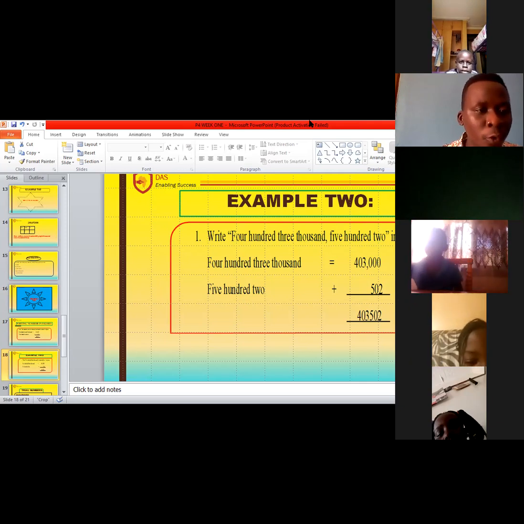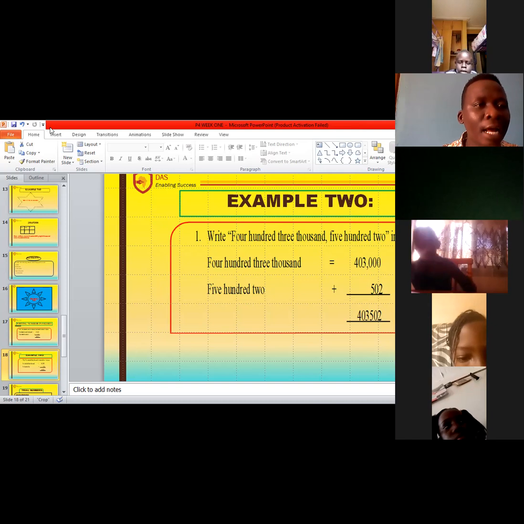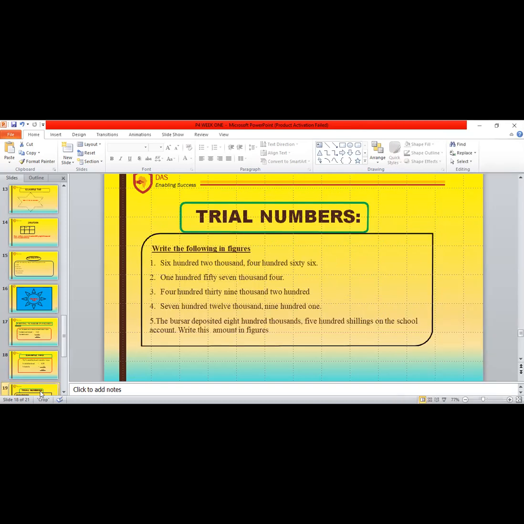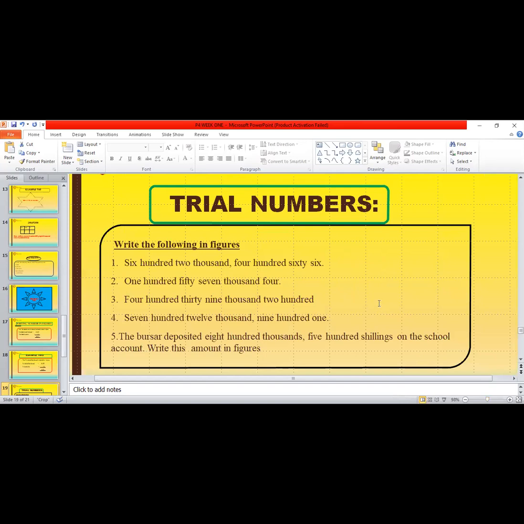But what we are going to do is that a similar activity of this kind has been shared on Google Classroom. You can see it, and we try it out. Using the fastest means, we are going to try out number 1.